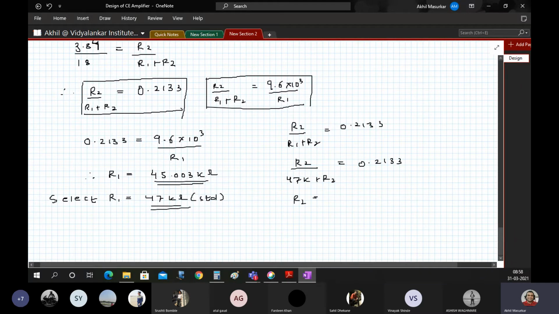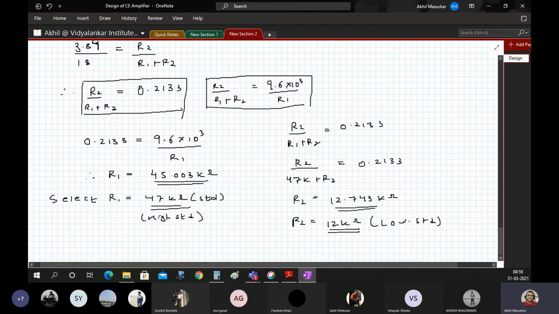So R2 is equal to 12 point something. So the only unknown is R2. You can put the equation in the calculator and get the value of R2. And the standard value of R2 is 12 kilo ohms.